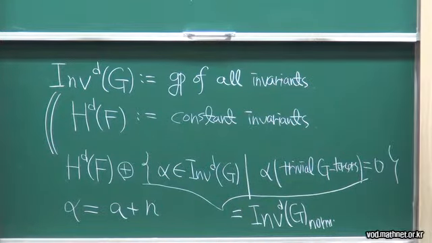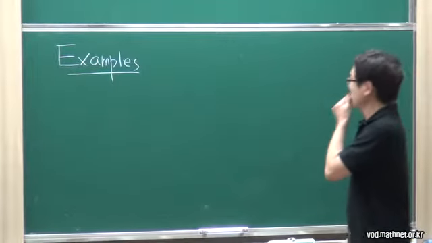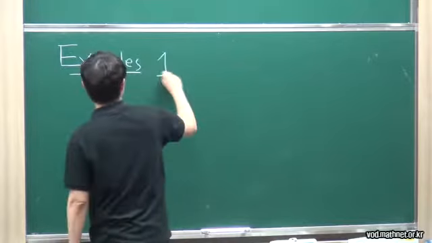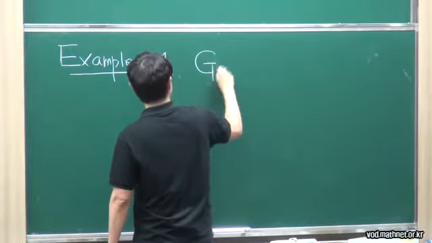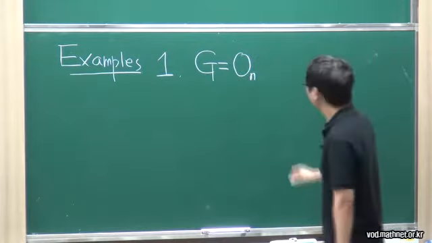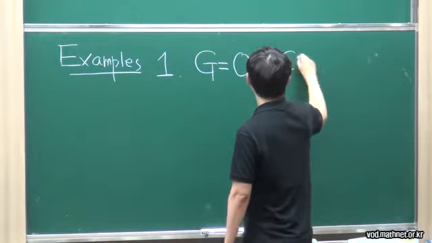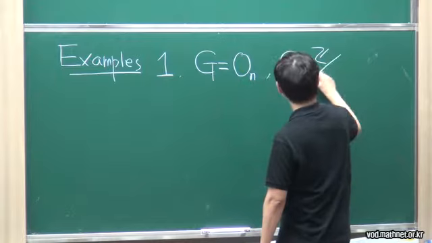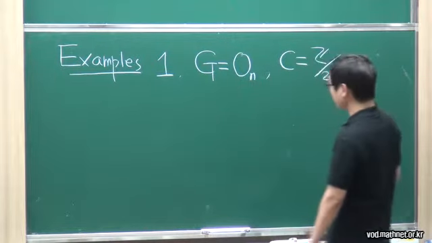Okay, let me give some well-known examples. We consider the orthogonal group of rank n and the coefficient to be just Z/2Z.